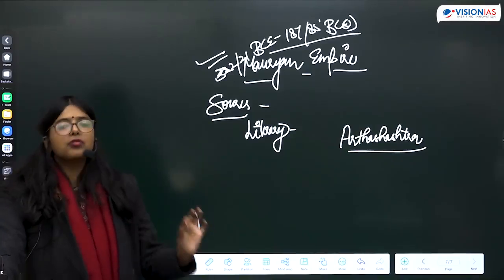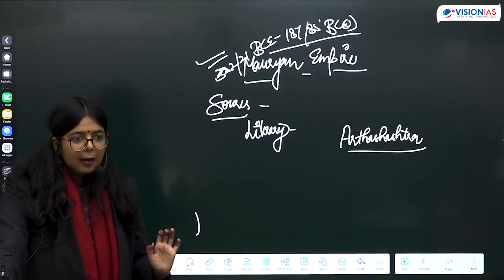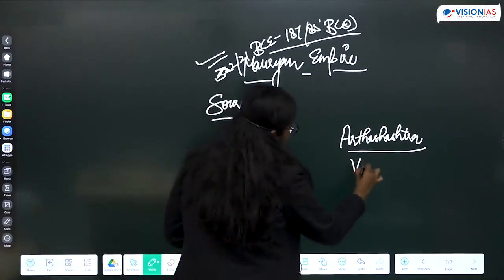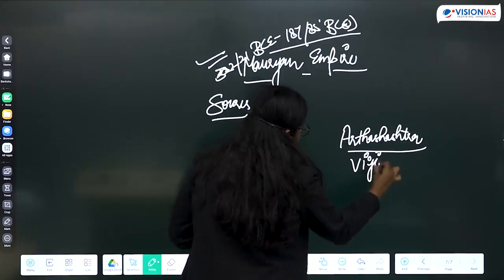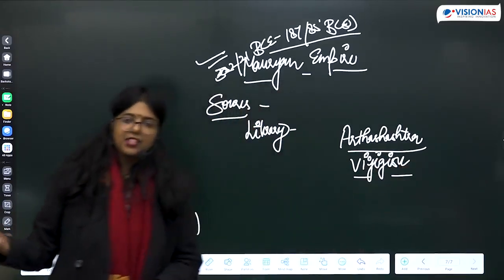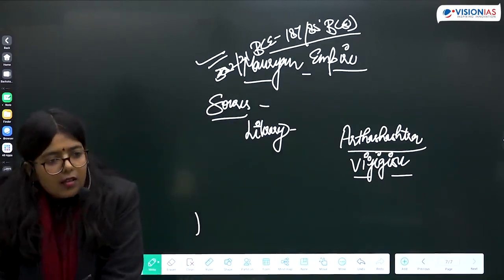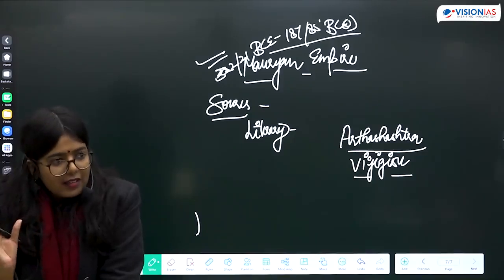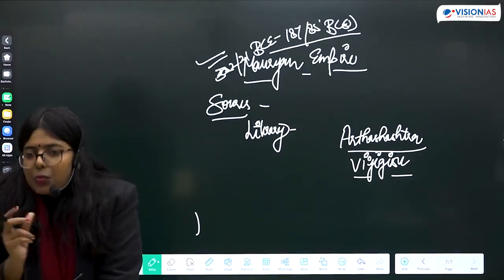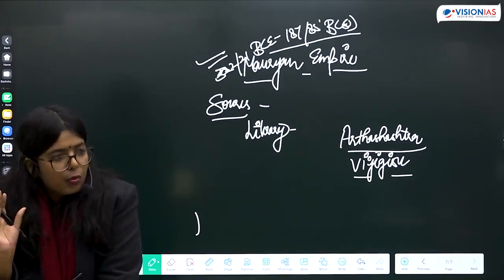Arthashastra does not talk about Mauryan Empire. It is a text which uses the term Vijigishu. What do we mean by Vijigishu? The king to be. Terminologies are being asked in prelims, you should know about the terminologies. Vijigishu, that means the king to be.